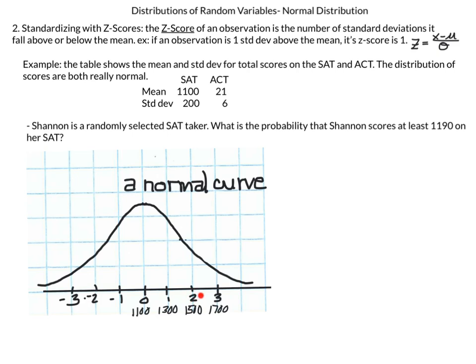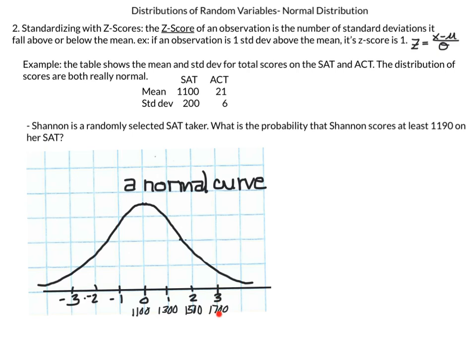2 standard deviations away is going to give us 2 times the standard deviation, which is 400, plus 1100, so that'll give us 1500. That's a 0 there, not a 1. And then 3 standard deviations away, 3 times 200 is 600, so we add 600 to 1100 and we get 1700.